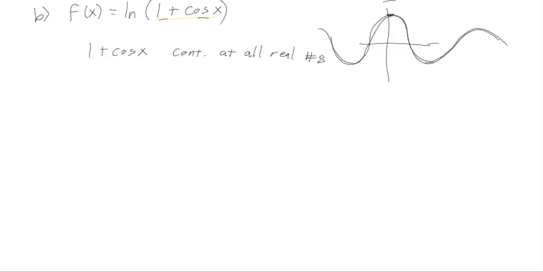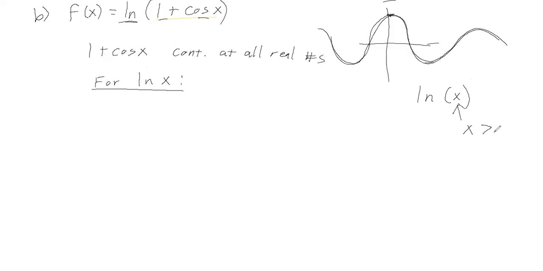What about the outside function, the natural log? So let's look at the natural log of x. Now, what do we know about the natural log function? Whenever I have the natural log of x, the argument has to be positive, greater than 0.